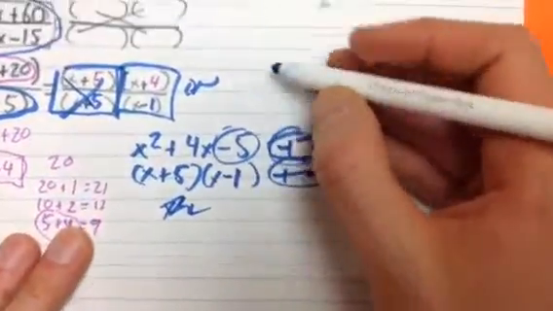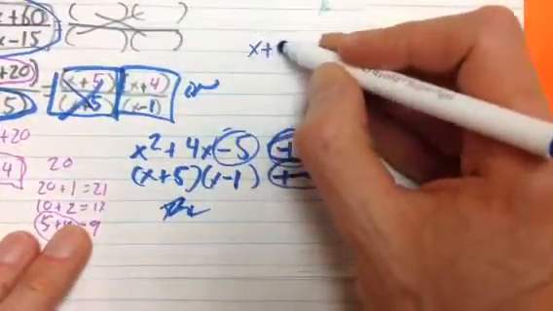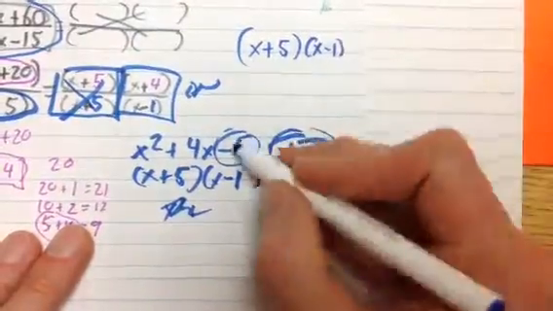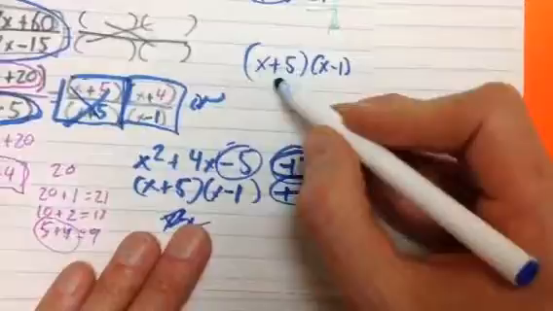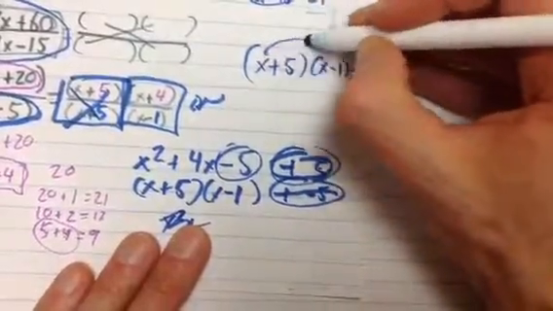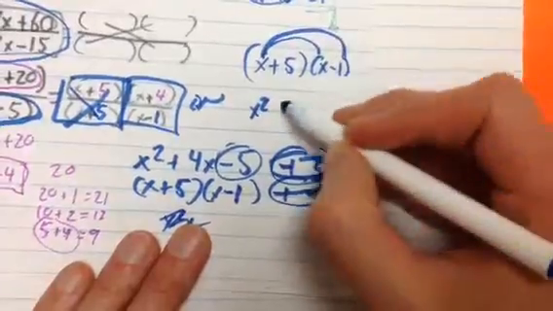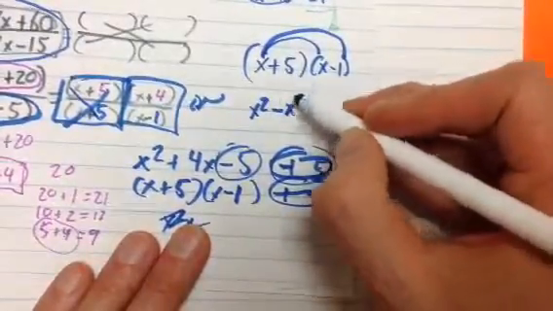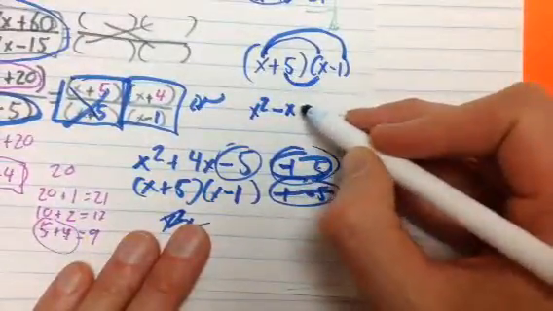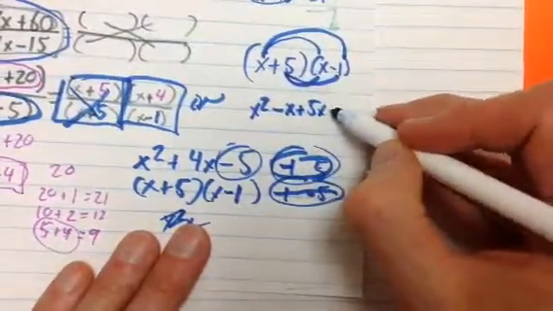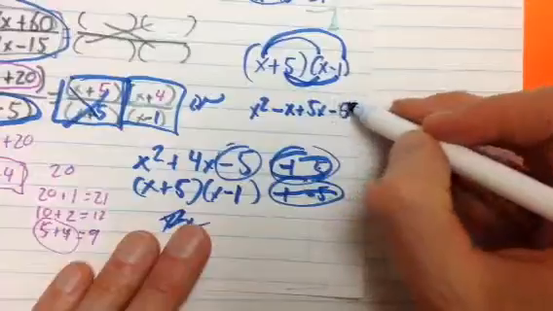How would x plus 5 times x minus 1 be the same thing as that? Well, if you FOIL, hopefully you know how to do that, you do x times x, which is x squared, and x times -1, which would be -1x, and 5 times x, which would be 5x, and 5 times -1, which would be -5.